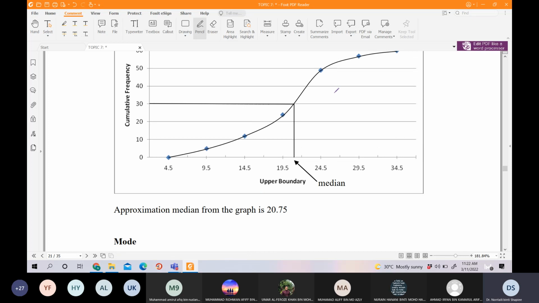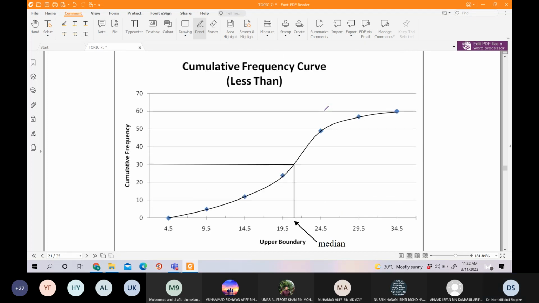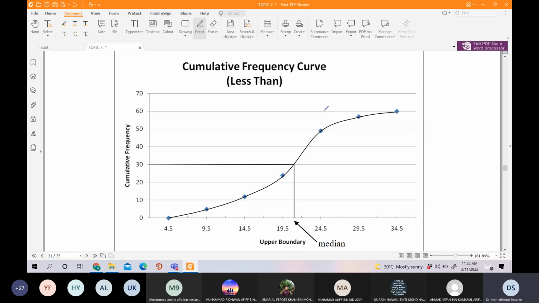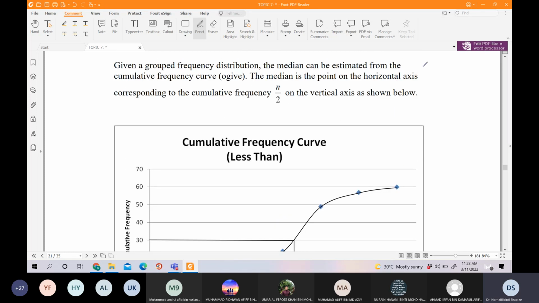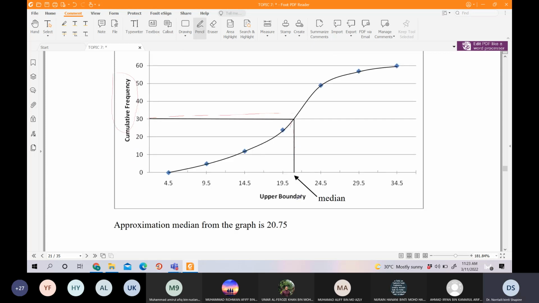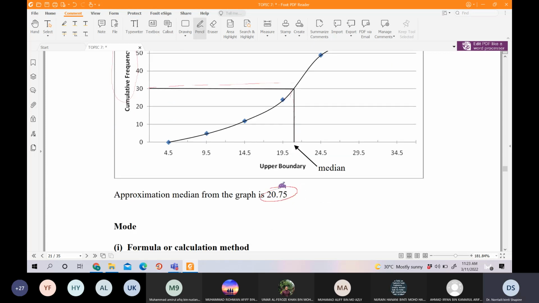So from here you can find the median directly. N divided by 2: our n is equal to 60, divided by 2 is equal to 30. So where do we look for 30? Here. So 30 here, then you will get the median, which is 20.75.